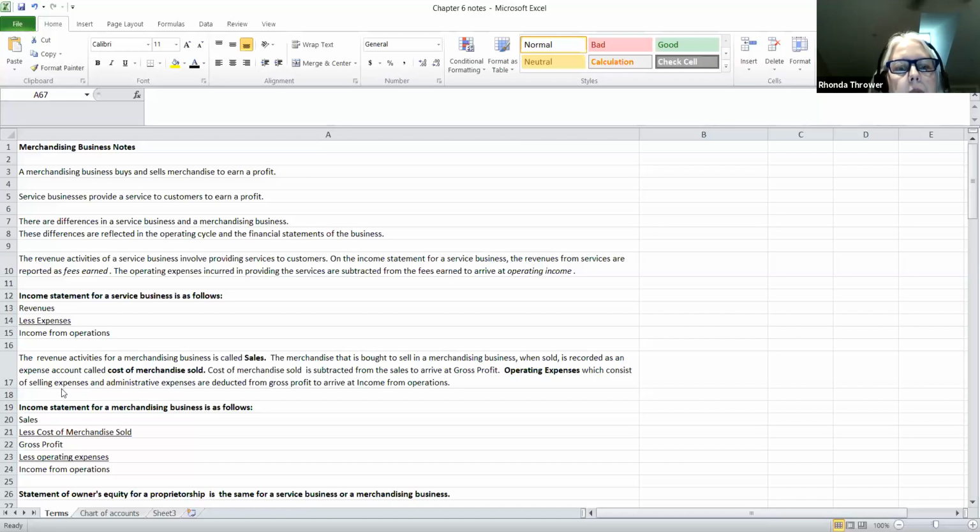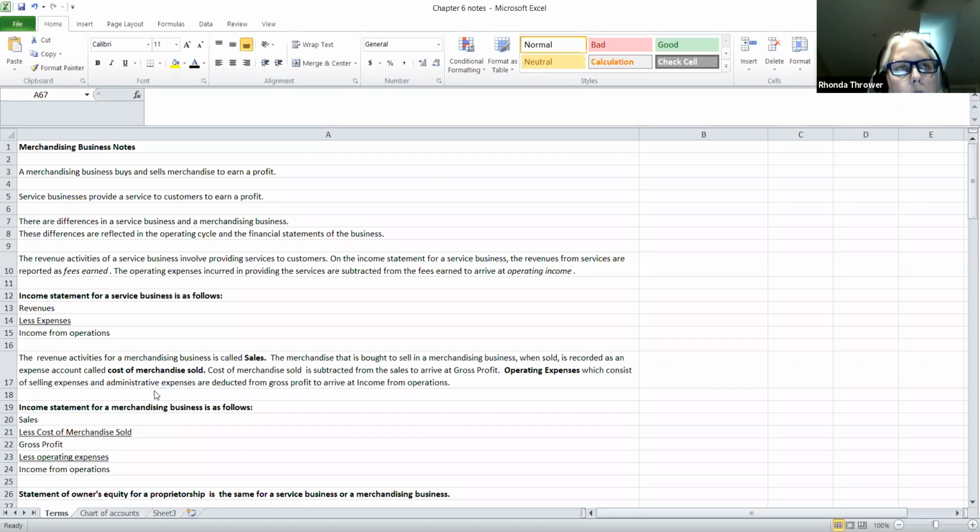So things like advertising expense, sales salary expense, you could have depreciation expense on your selling equipment. Any type of store related expense will go into the selling expense category. Your other type of expense that is a part of operating expenses are administrative expenses.